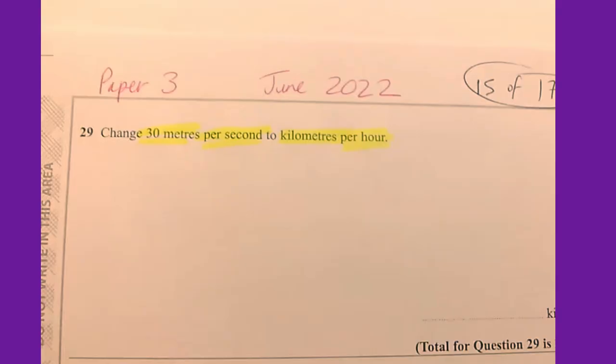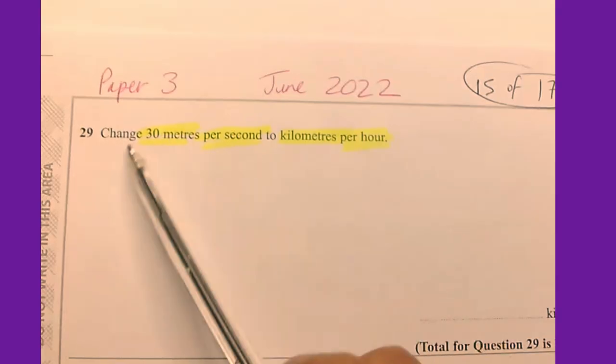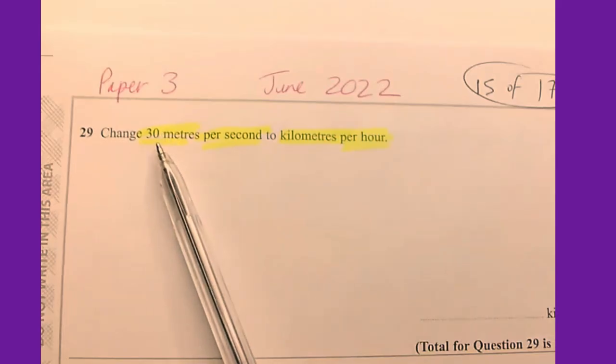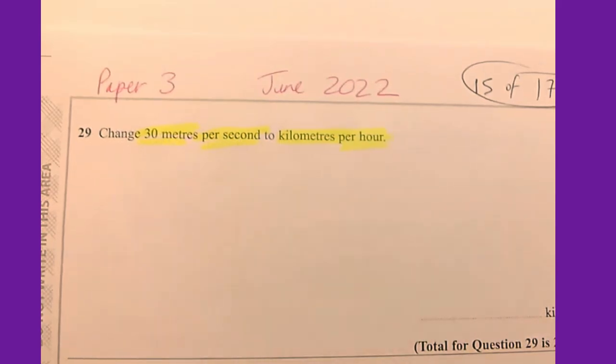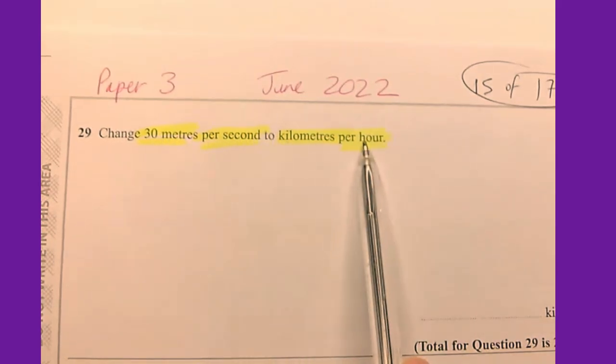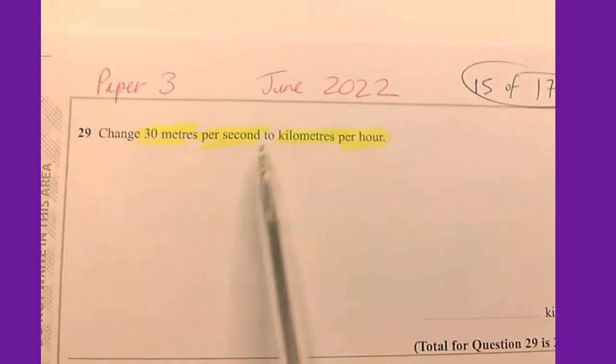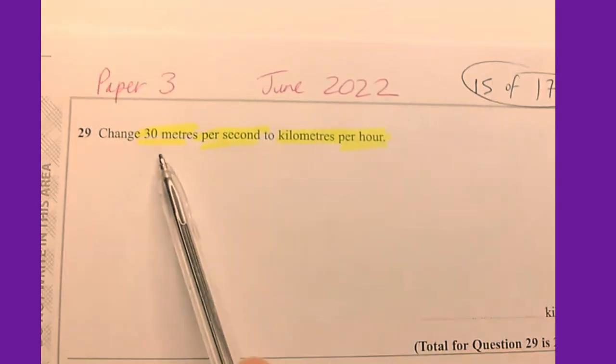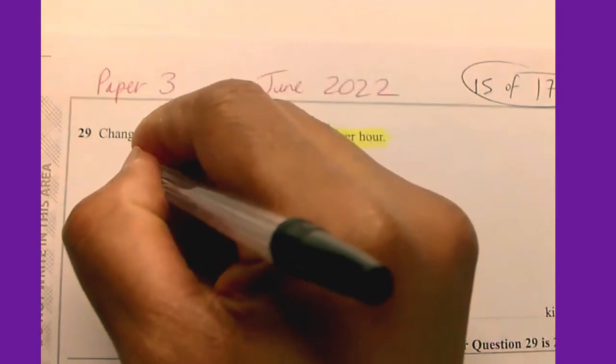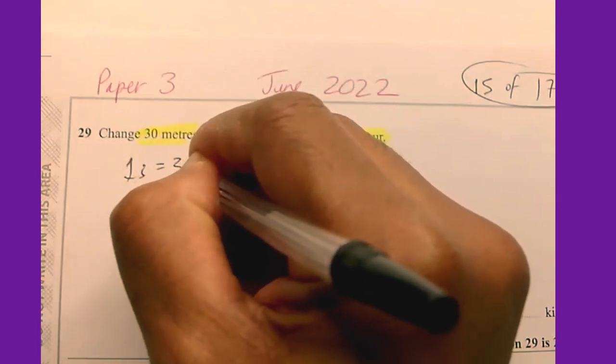So I'm going to look at the units here first. 30 meters per second, and we want it to be kilometers per hour. So we've got seconds and hours. So that's what we need to think about. So first of all, in 1 second, we are doing 30 meters.